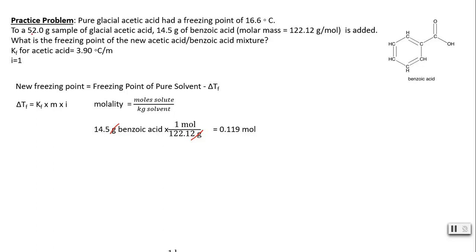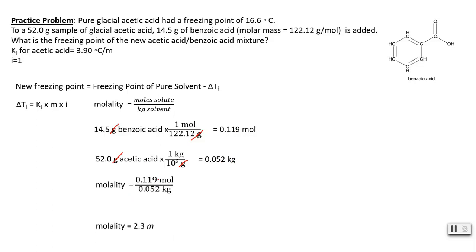I have 52 grams of that, converted to kilograms gives me 0.052. Dividing those two numbers will give me the molality of my solution. So my molality, when doing that division, is 2.3 moles per kilogram, or we use that capital M as a symbol. So I now have my molality.